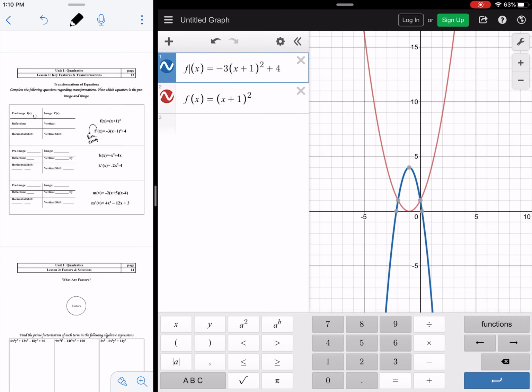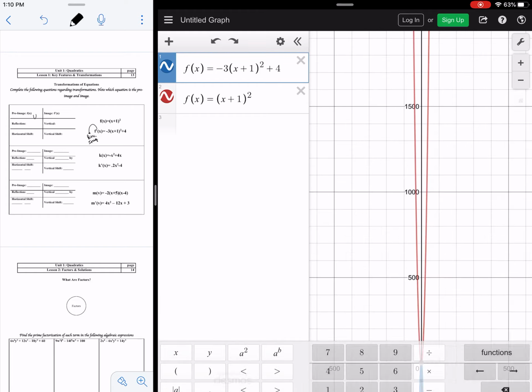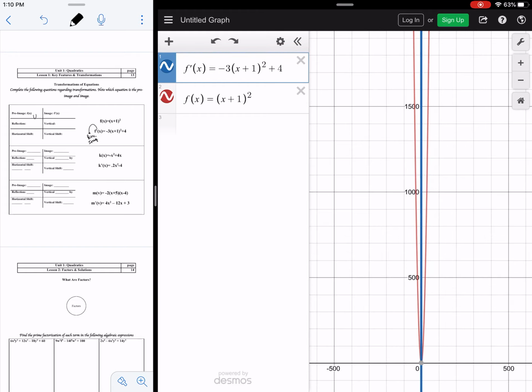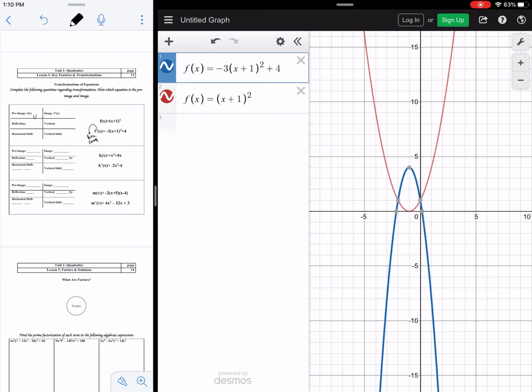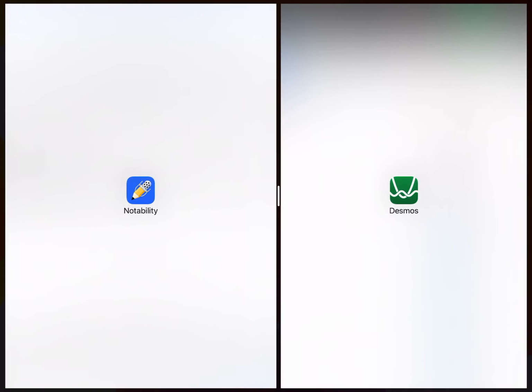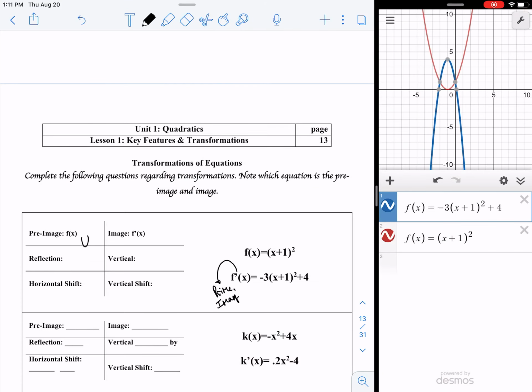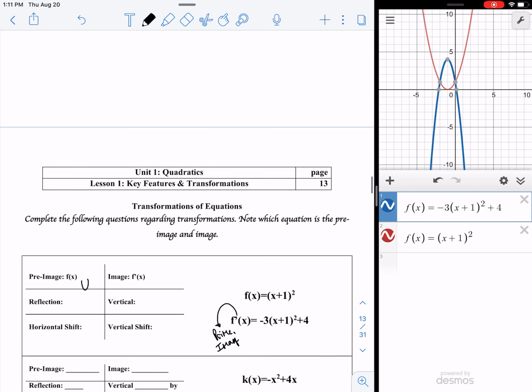Now, if you look at that right there, when I have the prime symbol in, it messes up my graph. So here's an exception to the rule. Note: you cannot put prime in Desmos.